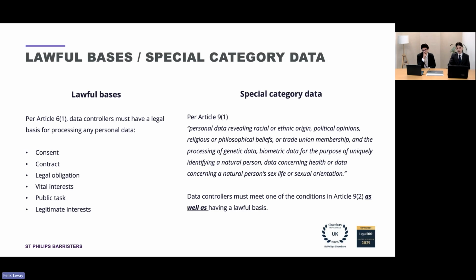Also worthy of note is the special category data, and we've set out Article 9.1 there on the slide. It can be about racial or ethnic origin, it can be medical data, philosophical beliefs, and so on, and that might well be something that an employer has about their employees. If an employer does have special category data, then they must meet one of the conditions in Article 9.2 as well as having a lawful basis. These are all things to think about in advance because they are things that have to be passed on as part of the subject access request response.